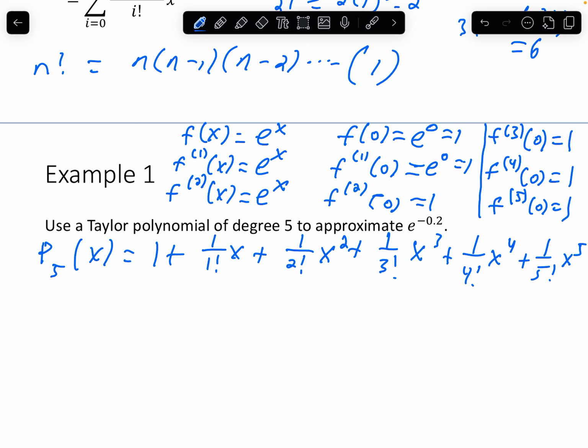And we could put in the negative 0.2 here, since this was a negative 0.2. That's going to be in replacement of every single one of these x's.